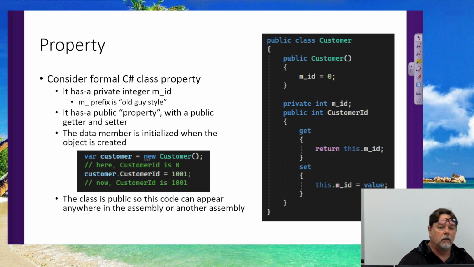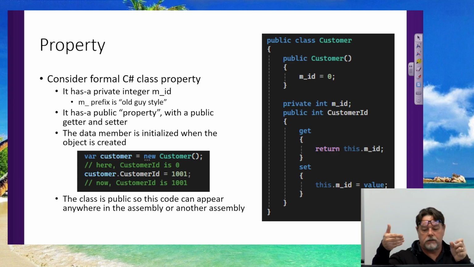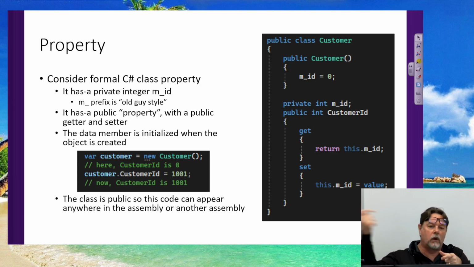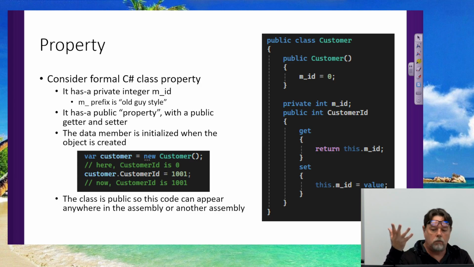One would be get ID, and the other one would be set ID. In the get one, you would return m_id, and for the set one, you'd be passed an integer, and you'd say this .m_id equals whatever you passed in. So you'd have a variable and two functions for every property.